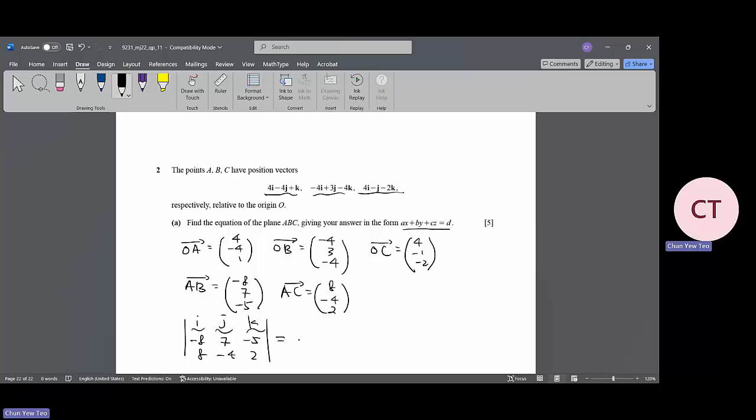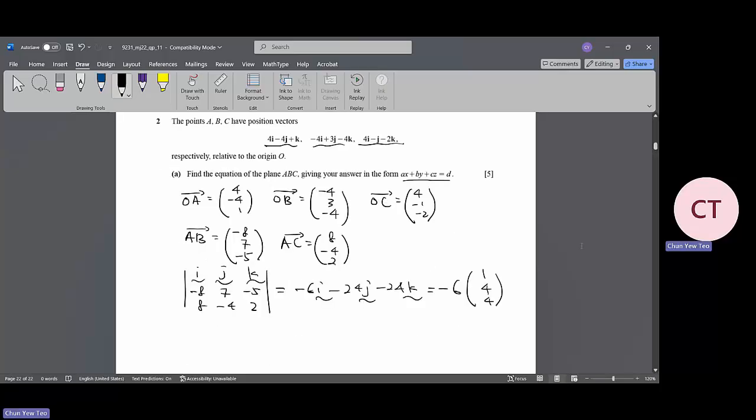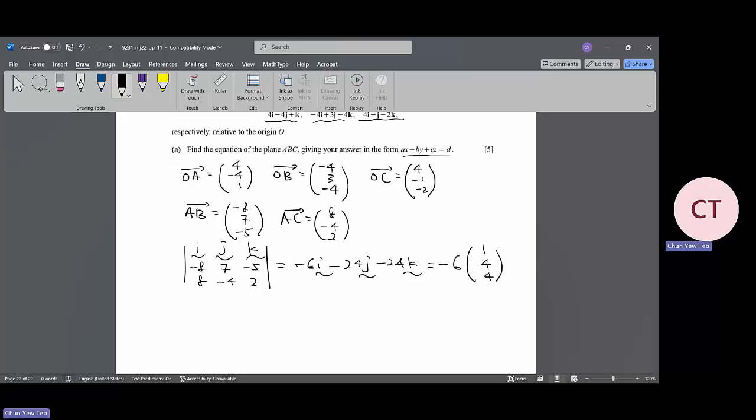Just take AB and AC and do the cross product. So you get negative 6i minus 24j minus 24k. They can all be factorized and the negative taken out. You get this. So that means I will make my normal vector of the plane 1, 4, 4.